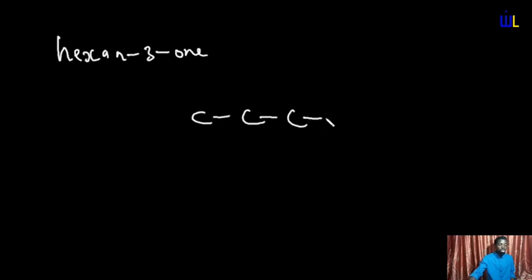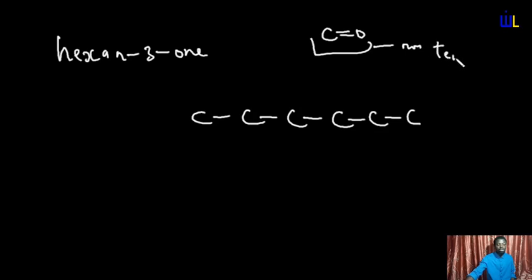So imagine, for instance, we are considering an alkanone. Let's say we are considering the alkanone hexan-3-one. What is this going to be? Hex means 6, so let's put that together. 1, 2, 3, 4, 5, 6. And then the alkanones are represented by carbonyl groups, specifically non-terminal carbonyl groups.